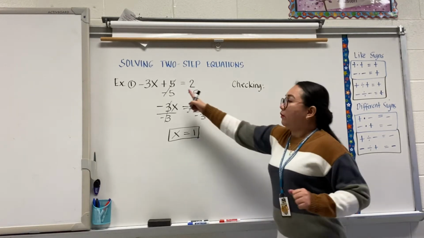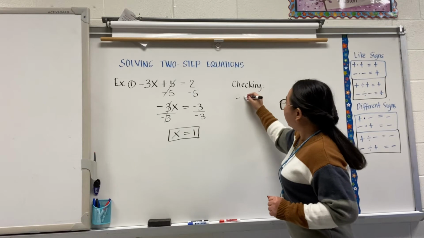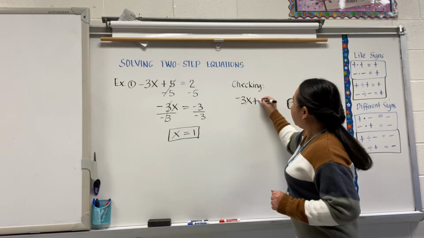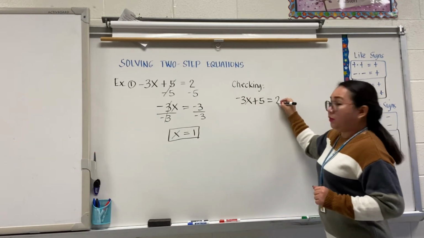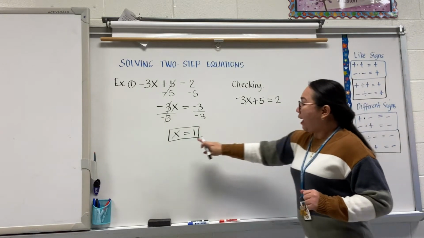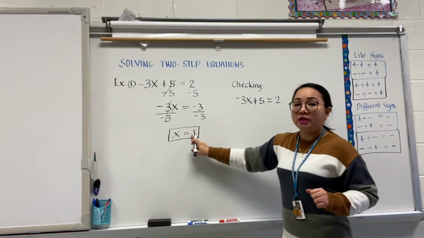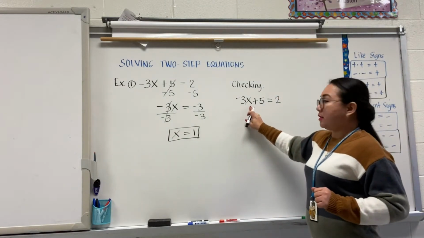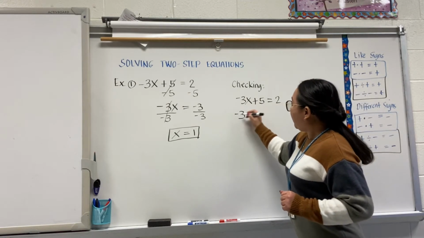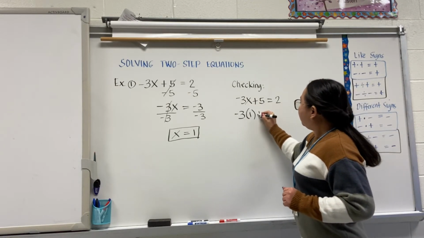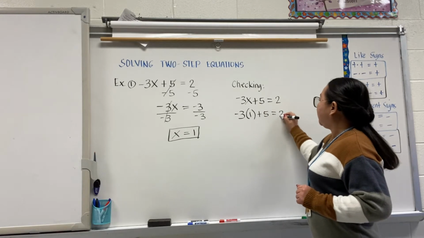So write the original equation, negative 3x plus 5 is equal to 2. Now your x is 1, so substitute this 1 to your x. So this will become negative 3 times 1 plus 5 is equal to 2.